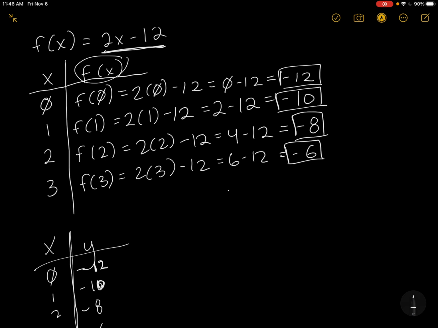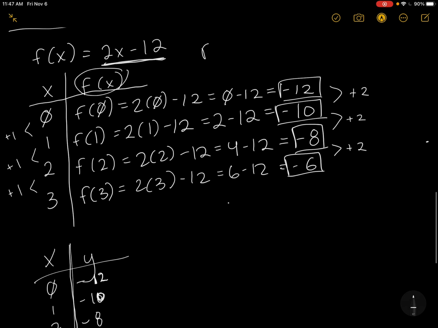Okay, and if you look at this, you can pick whatever numbers you want when you're plugging into x, but I always like to stick with small numbers and go up the same increment. Every time it's going up 1, right, plus 1, plus 1. And now if we look here, what's happening here? Increasing by 2, increasing by 2, increasing by 2.